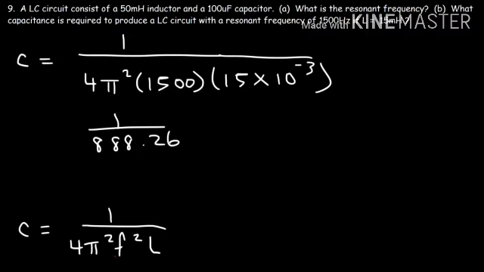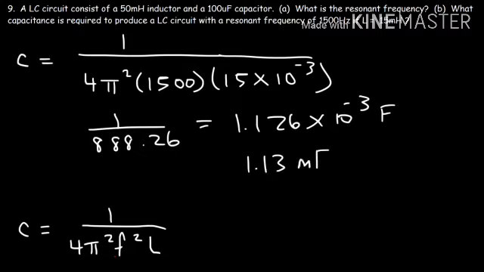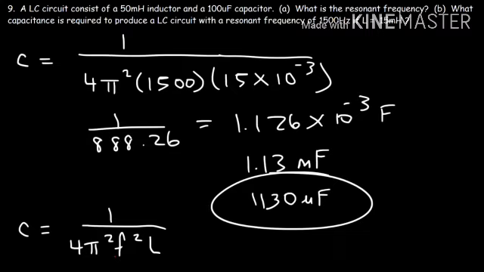So 1 divided by that result will give us a capacitance of 1.126 times 10 to the minus 3 farads. 10 to the minus 3 is the same as milli, so this is about 1.13 millifarads. Or if you want it in microfarads, multiply by 1,000. That's 1130 microfarads. So that's the capacitance required to produce an LC circuit with this resonant frequency.